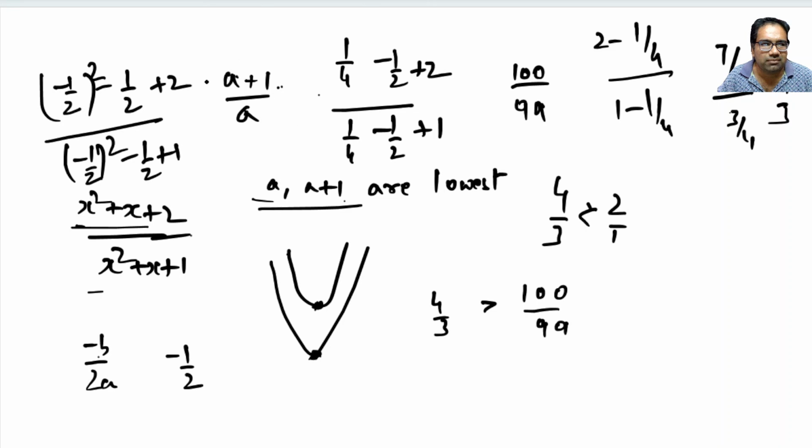So for a plus 1 by a, the fraction will reach the highest point at 7 by 3.